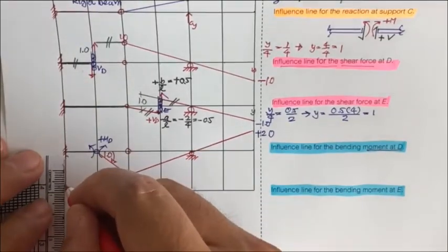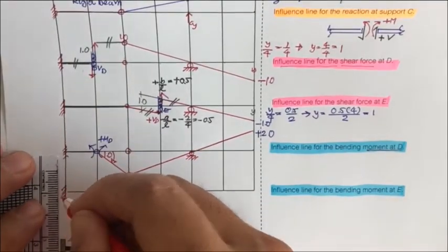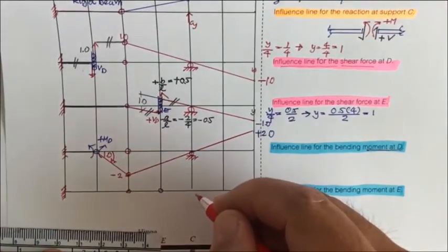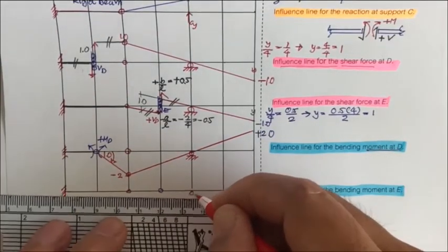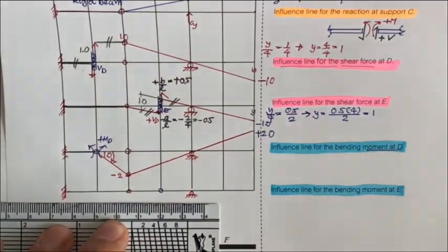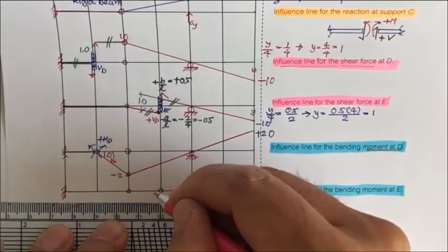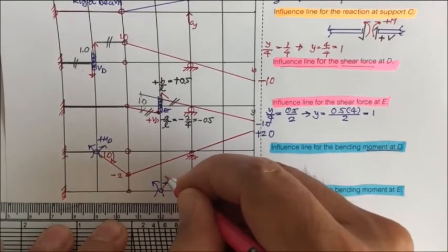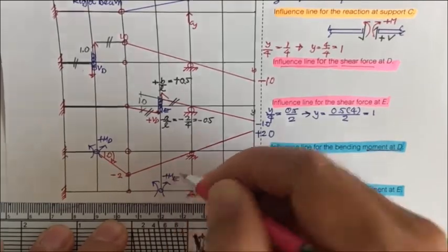The support here is fixed, and we also have the roller here. And we put the positive M sub E, as before with M sub D here.